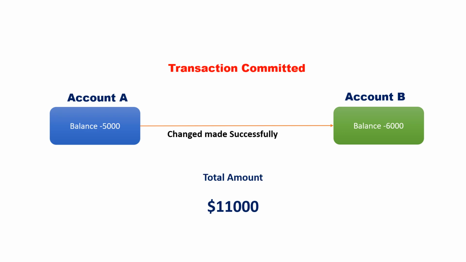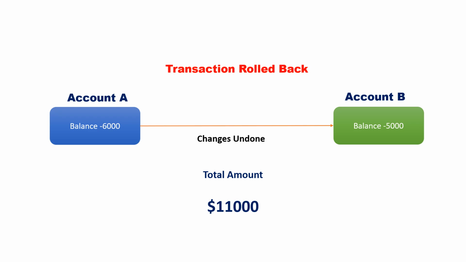Now, if the transaction succeeds, $1,000 is debited from account A and credited to account B. Account A now has $5,000 and account B has $6,000, still $11,000 in total. This means the consistency is preserved. On the other hand, if any step of the transaction fails, for example, the credit to B fails, the transaction will not be completed.